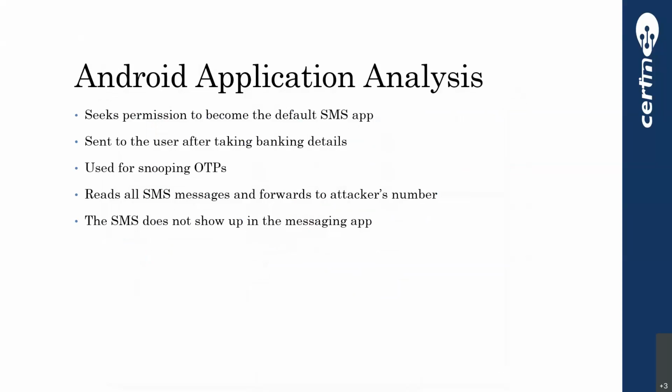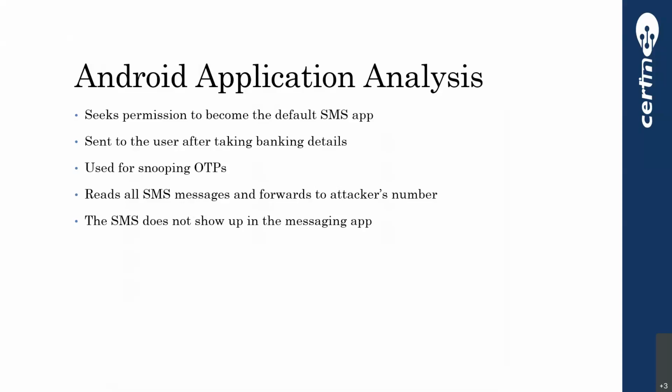And what we found out was that it seeks SMS permissions, and it seeks permissions of your contacts, of your call logs, and then it also asks you for permission to become the default SMS application. So it will replace the default messaging application, and it will start receiving all the SMSs, and it obviously starts reading all your messages. And once it receives any SMS which looks like an OTP, then it starts forwarding that SMS to the attacker's mobile number.